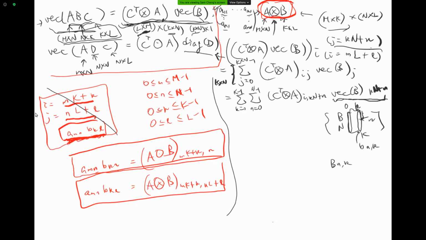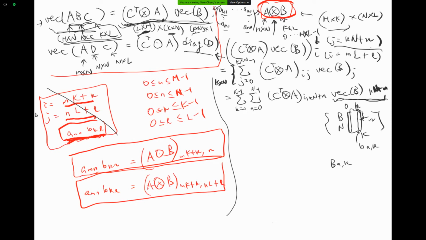What I mean is that, of course, originally I'm looking for I that should take values from 0 up to the maximum of this thing here, which is M times L minus 1, right?